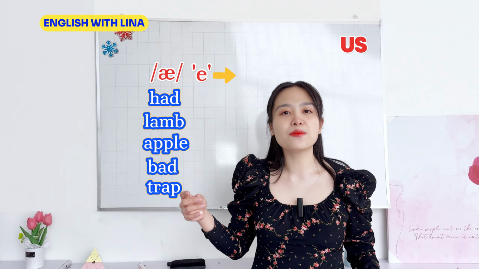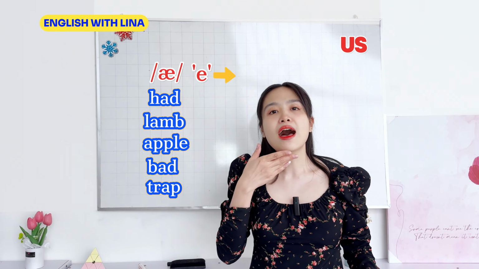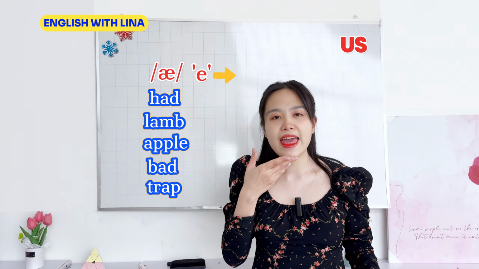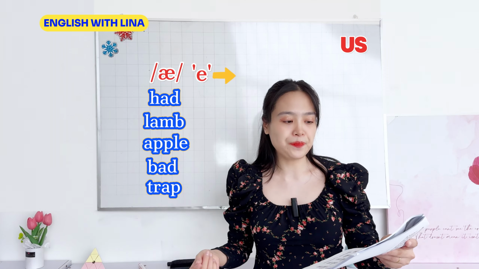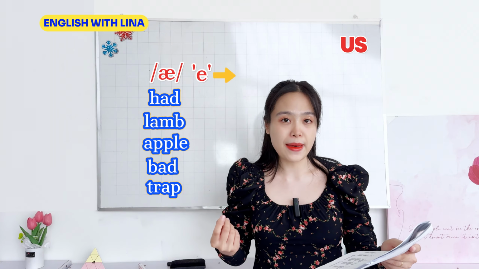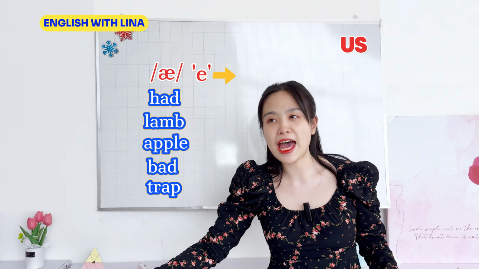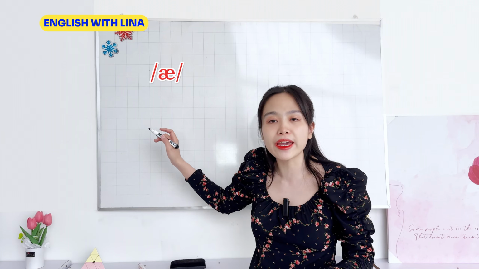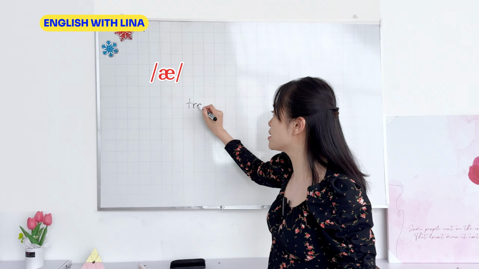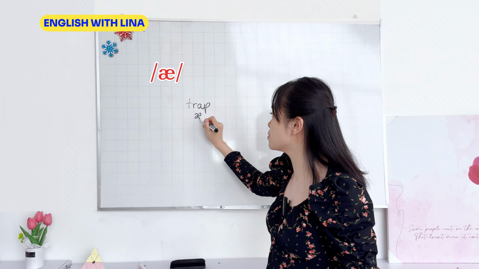And next we have more American pronunciation. Eh, eh. Okay. Head, lamb, apple, bat. And the last one, you don't say chap, right? Like you don't have chap girl and chap boy. You have chap.